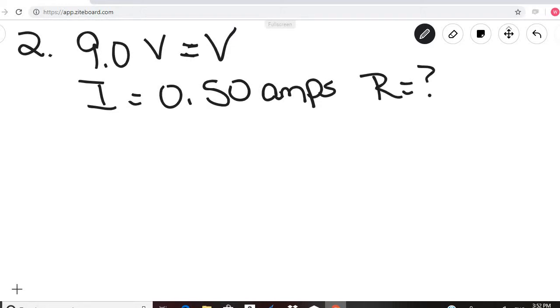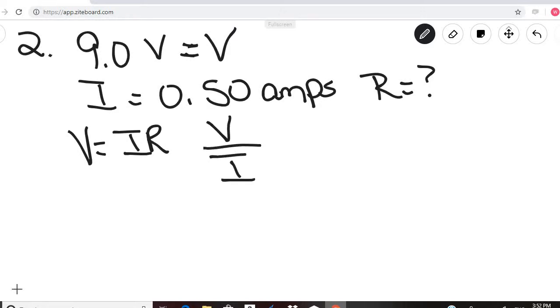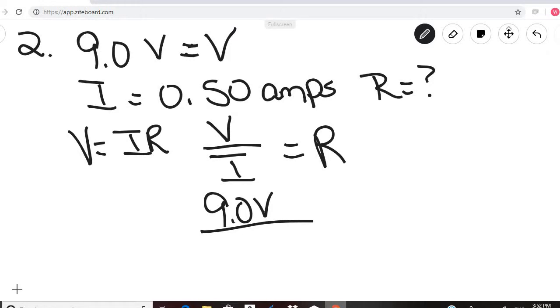Okay, so again, V is equal to I times R. So we just need to solve for R. So V divided by I is going to be equal to R. So 9 volts divided by 0.50 amps is equal to R. And again, we can have two significant figures.